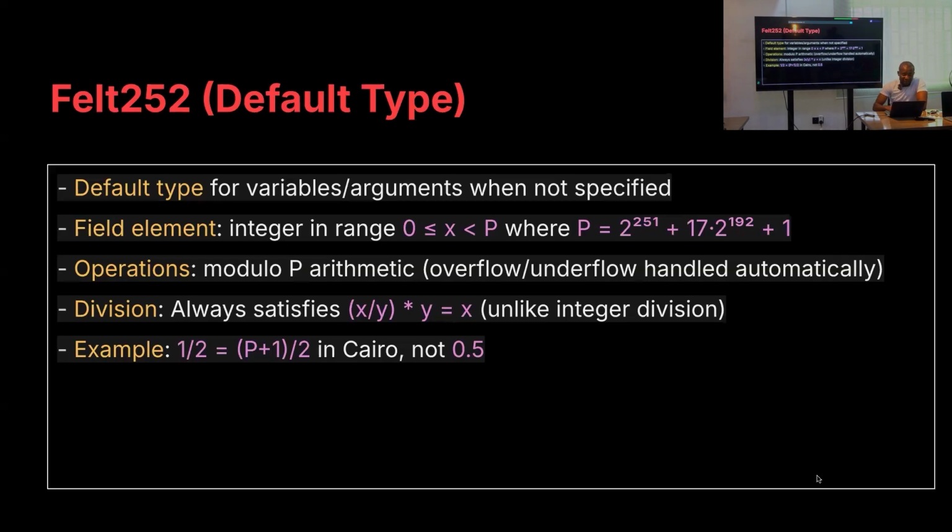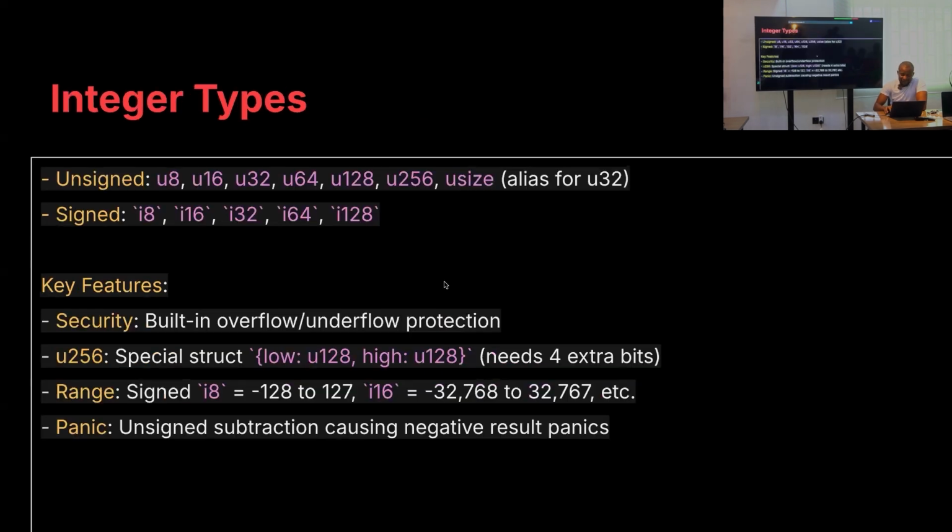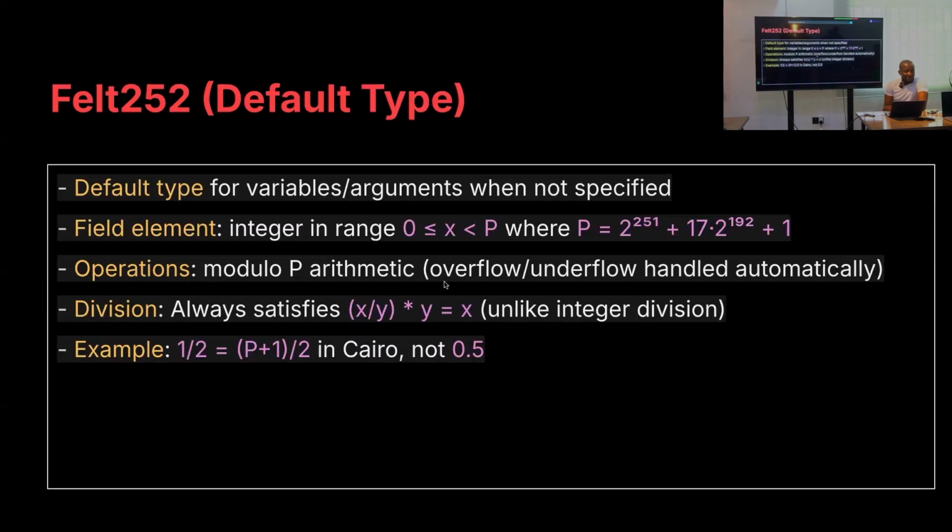So this is how division looks like for felt: X divided by Y, times Y. You do this calculation first, then you times it by Y. It is now going to give you the value you are looking for, instead of direct X divided by Y. Are you following?